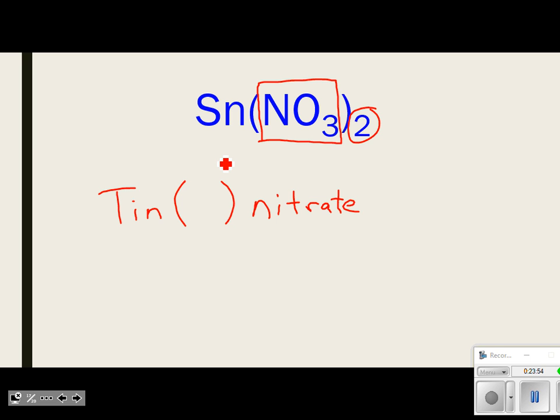So if it's -1, what's the charge, my negative charge I got? -2, right? If I have 2 of them and nitrate's -1, it's -2. So what must my charge for iron be? Must be 2, right? So I'm going to put Roman numeral 2 there.